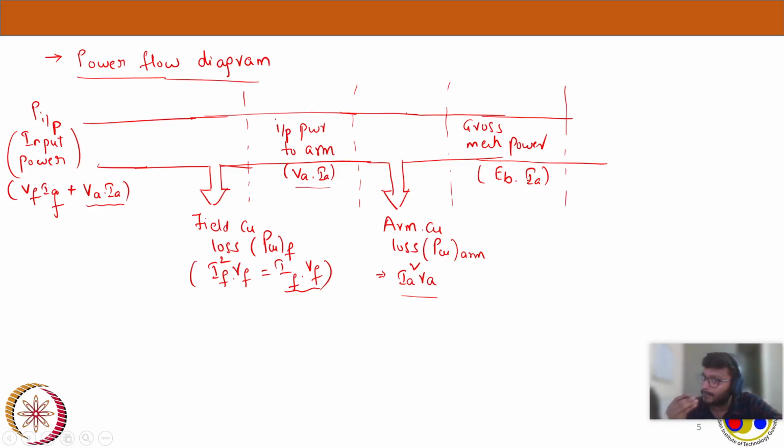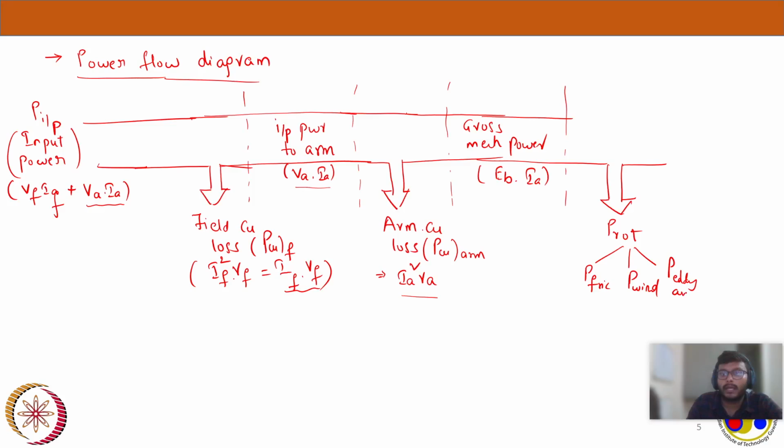Now we have to subtract the no load losses, that is rotational losses. Now we subtract the rotational losses from the gross mechanical power. What are the rotational losses we discussed? Friction, windage, and eddy current loss.